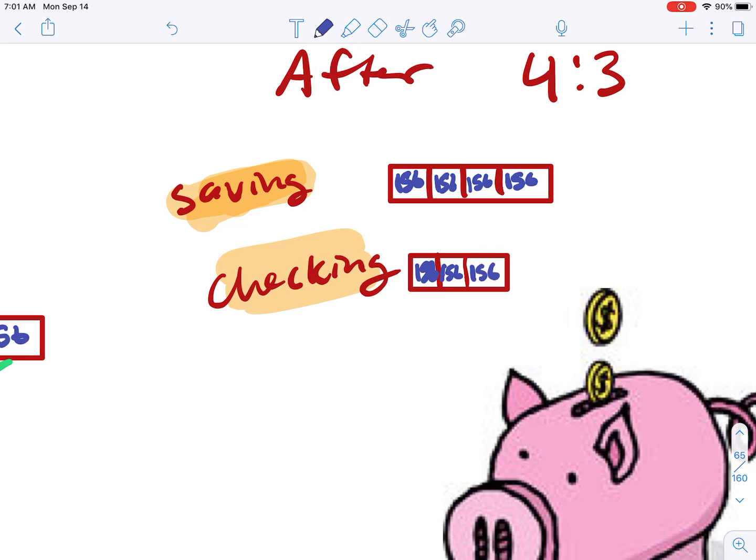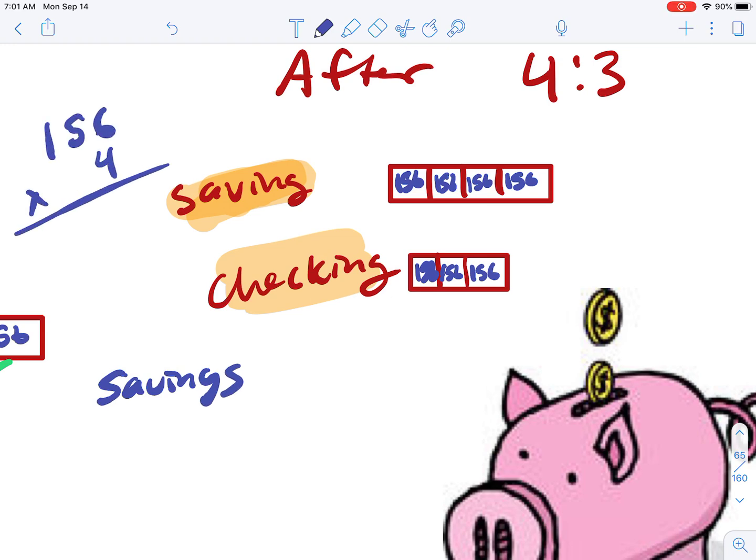For her savings, we do 156 times 4. This is 24, 20, 22, 4, 6. For her savings, she had $624.